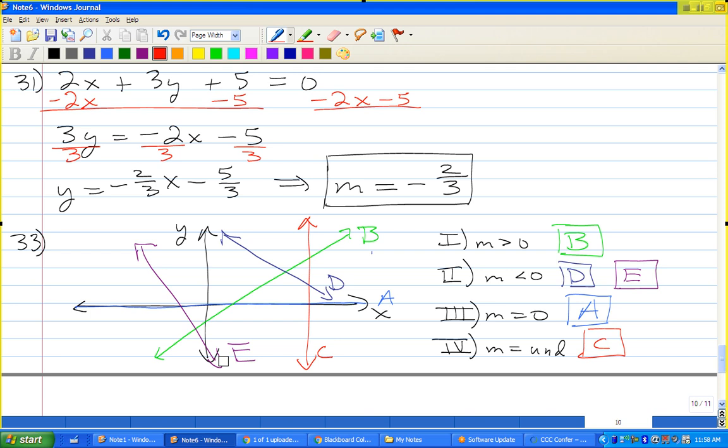Whereas B has a slope that's positive because it goes up as I read it left to right. Whereas A has a slope that's 0 because it neither goes up nor down. Whereas C is undefined because you can neither go right nor left. It goes straight up and down. So it doesn't go up or down when you go right to left because it never goes right or left. So it's undefined. Any questions about that?